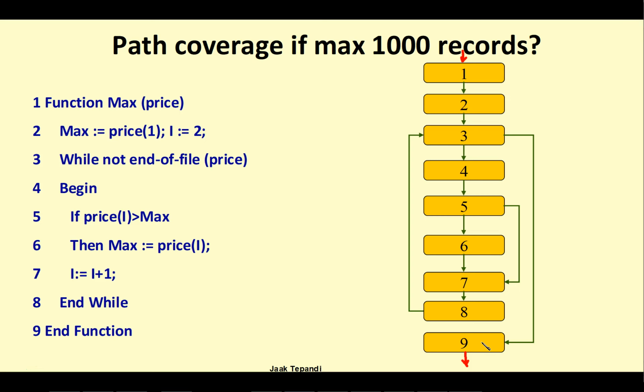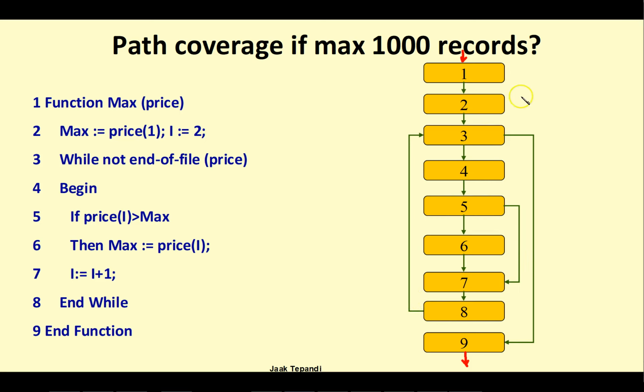So let's think about how many tests are needed if for this program there is a maximum of 1000 records in this file price. Obviously, we could have an empty file and go from here directly to the end. We could have one record and go either in this way or in this way, and to the end.